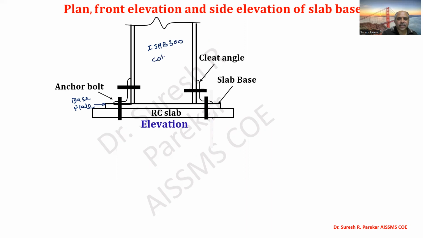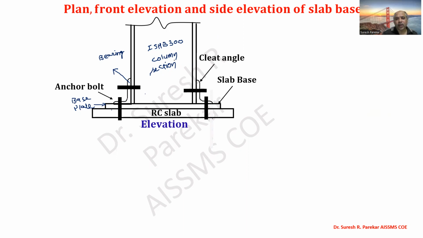So this is column section. And load we are going to transfer by bearing only. So this angle cleat is only to connect these two. This we are not going to design.